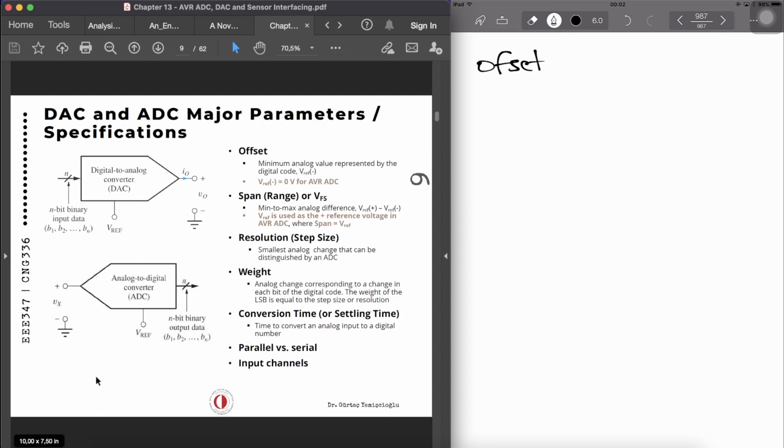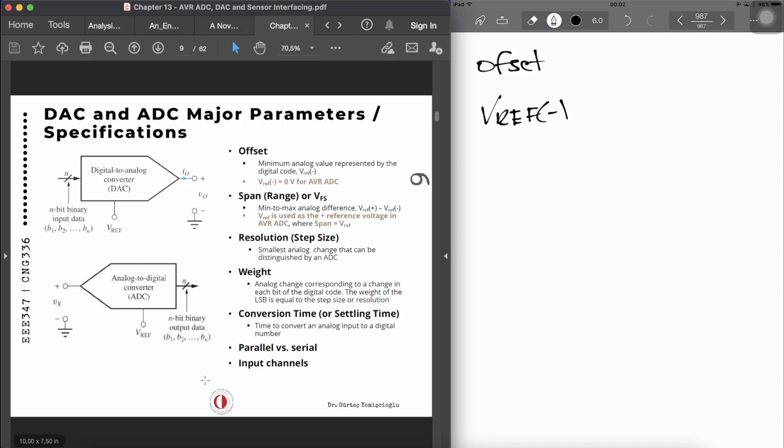So it's actually VREF minus. For example, a digital to analog converter has the lowest voltage it tries to detect, and the offset associated with that may be the lowest voltage coming from the supply voltage of the system.